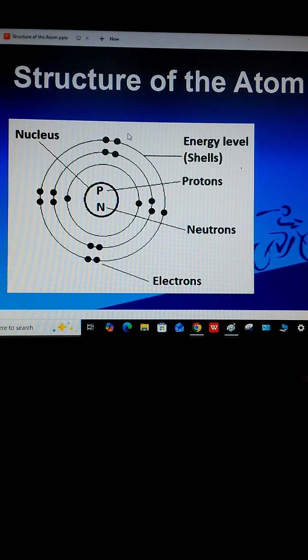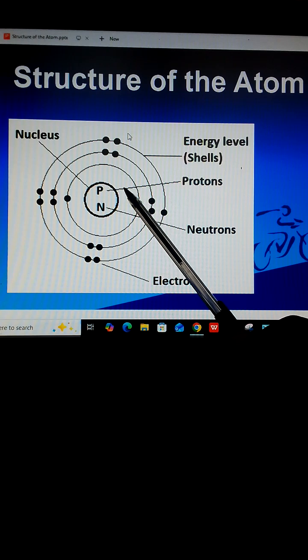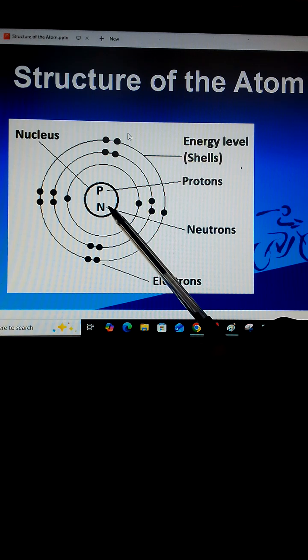The sum of protons and neutrons in an atom is the mass number. Okay? So the sum of protons and neutrons is the mass number of that atom. Now the mass number may vary for a given element because neutrons may vary.